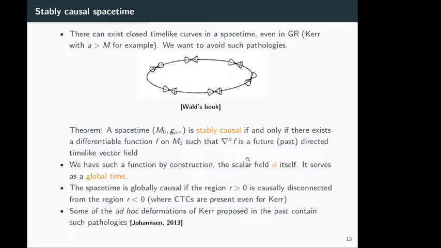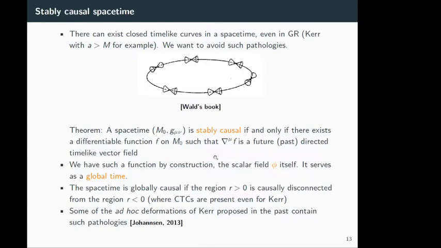But there's a theorem, I think it's by Hawking first, but it's in the Wald book also, in the Hawking-Ellis, that you can have what's called stable causality if you have a function f, which is a future-directed or past-directed time-like vector field. And actually in our construction, the scalar field phi itself just verifies this property very nicely.